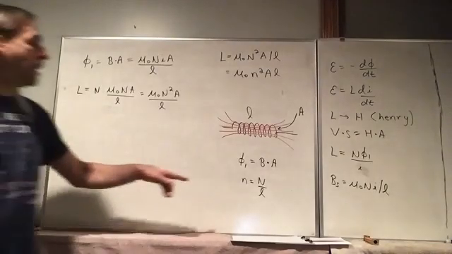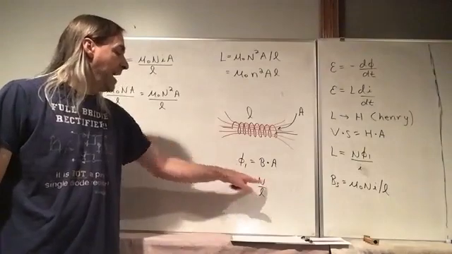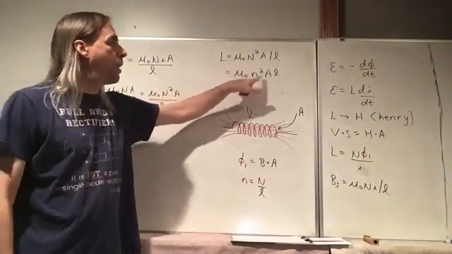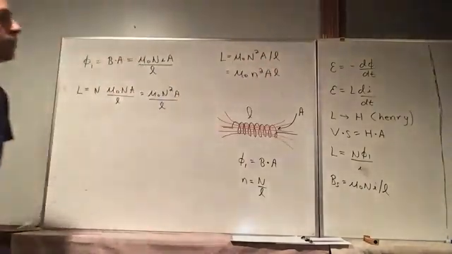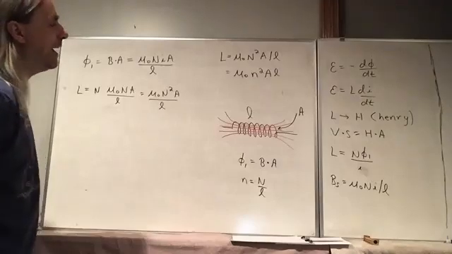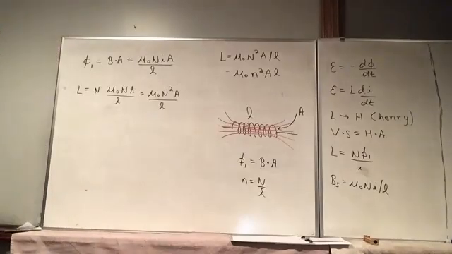And so big N is little n times l. So if we replace that, we get N squared, l squared, we get rid of that l in the denominator, have l in the numerator. And we can see that there are two ways of writing the inductance of a solenoid. And this depends purely on geometry.